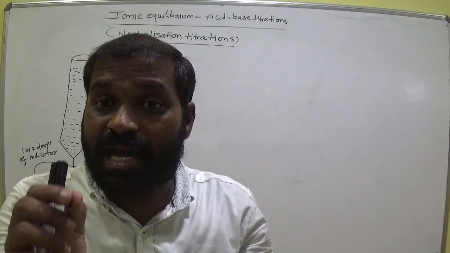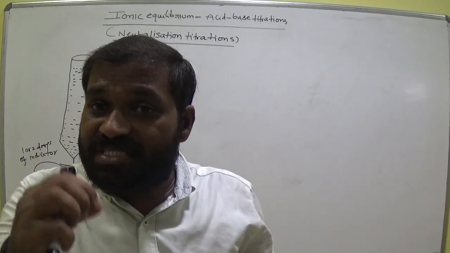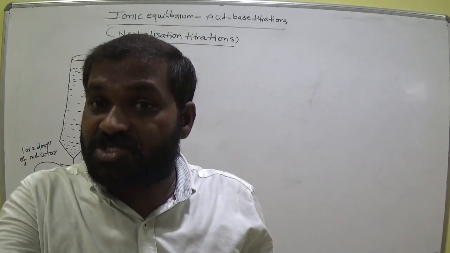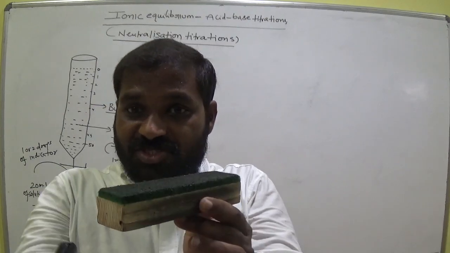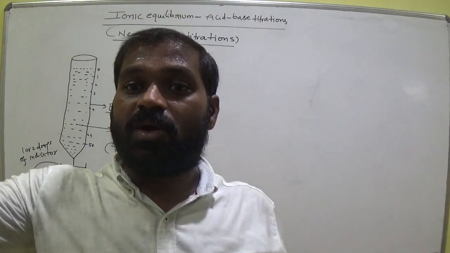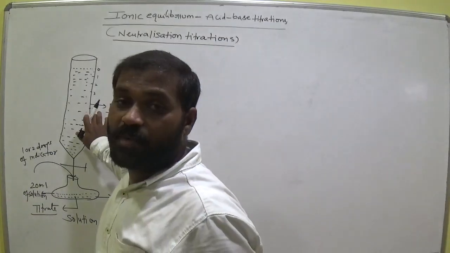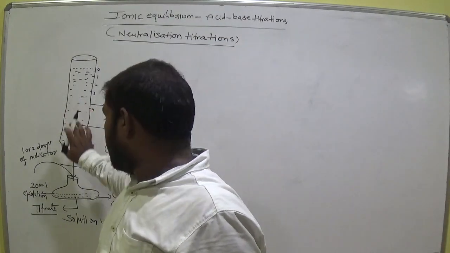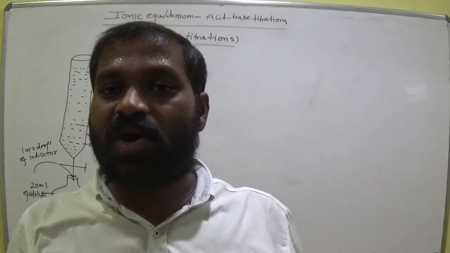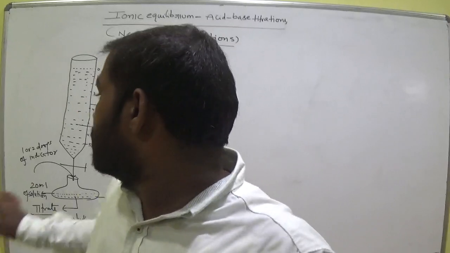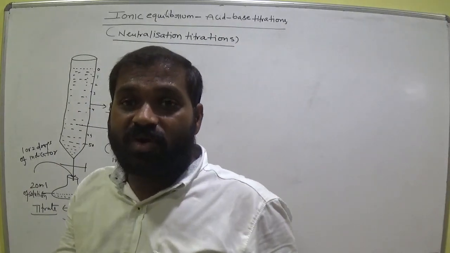At a particular time, the solution in the conical flask suddenly changes, sharply changes. Then we stop the titration and note down the reading, which amount of ml is consumed. That phenomenon is called titration. At that point we call it the end point.